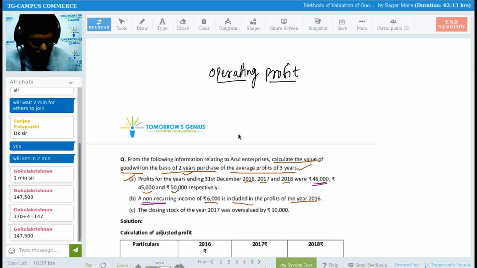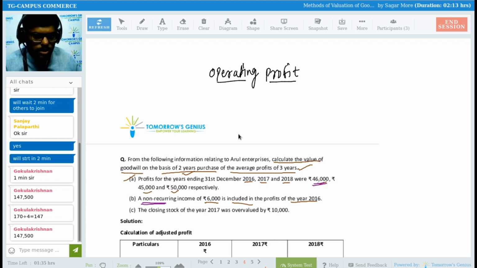Operating profit means, suppose I'm running a business of manufacturing and selling of this pen. Any expenses incurred by me for manufacturing this pen are my operating expenses, and any income derived by me after selling this pen is my operating income.